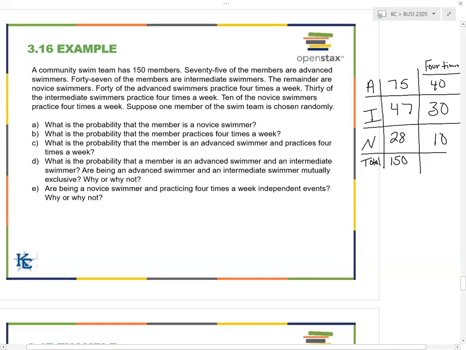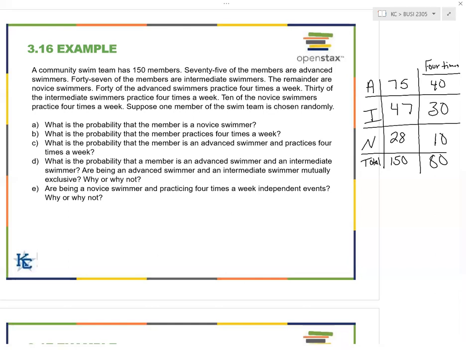So the total that practice 4 times a week, we can go ahead and add that up because we might need it. 40, 70, 80. So 80 practice 4 times a week. Okay, so now I have lots of my information.